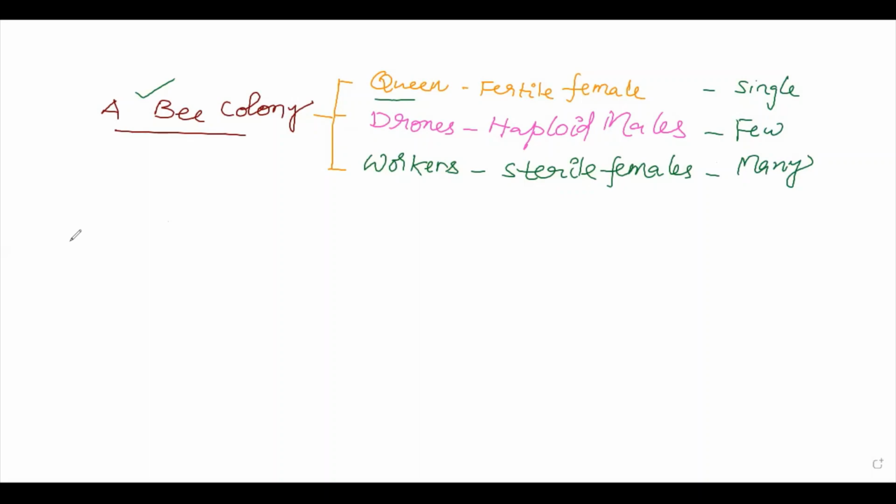So when we discuss the queen, the queen honeybee is the largest individual in the colony of honeybees.